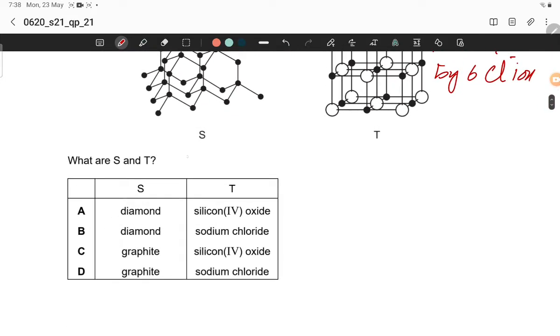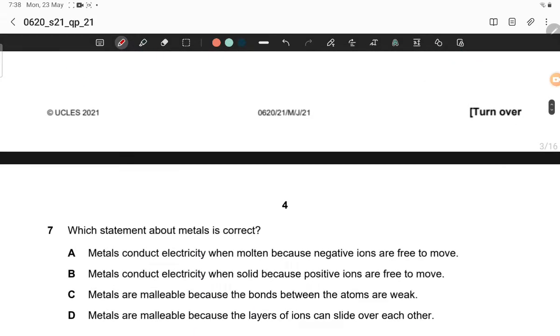So S is diamond, silicon(IV) oxide is incorrect. Diamond is the correct option. T is sodium chloride, so B is the correct option. Not graphite, not silicon(IV) oxide, so C and D are incorrect.